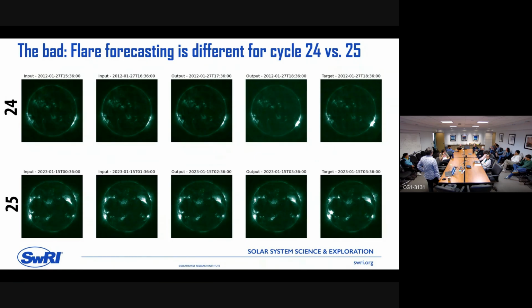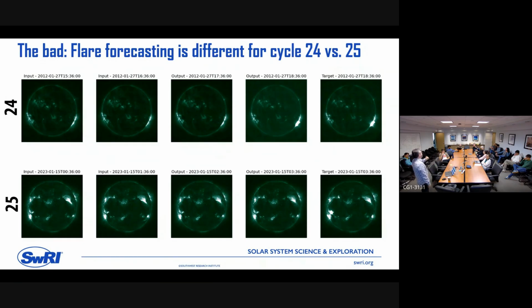So, for instance, you would expect your model to work perfectly because there's not much evolution in, say, a coronal hole boundary. Exactly. So the reason you're focusing on it is because it's a relatively short time scale, right? But I don't think flares are really the target for this kind of work, are they?